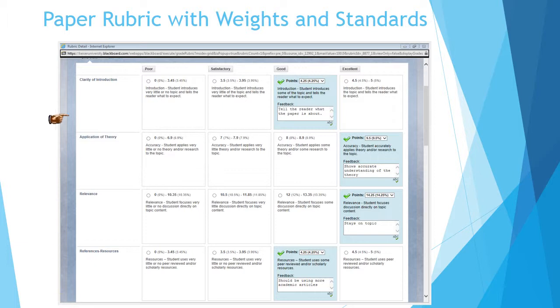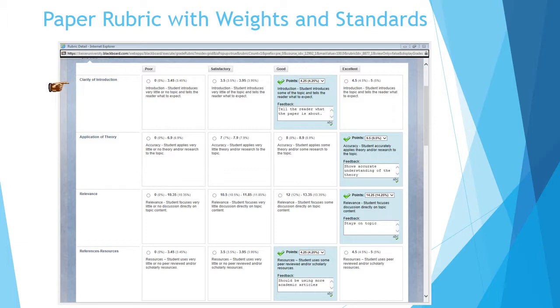The first one is the clarity of the introduction. Now every paper that you write longer than one page needs to have an introduction. It may be labeled as an introduction, it may not be labeled as an introduction, but the reader wants to know what this paper is going to be about. As you can see, when I evaluated the sample paper, I saw that the introduction wasn't complete.